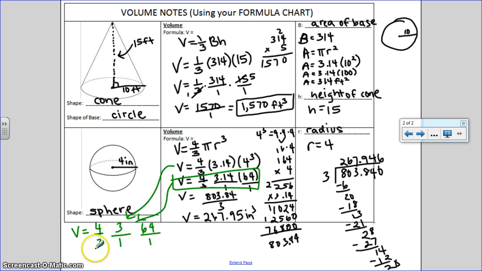Okay, so here I can notice that I could do some cross reducing. So I see a 3 on the bottom and a 3 on the top. So each of those gets divided by 3, which means that that's a 1 and this is a 1. Which means that I get left with a 1 on the bottom. 1 times 1 times 1. Which means that right here, all I really have to do is multiply 64 times this 4, and I should get pretty close to my answer.